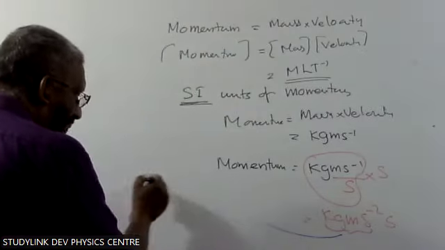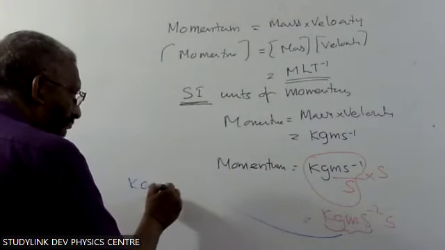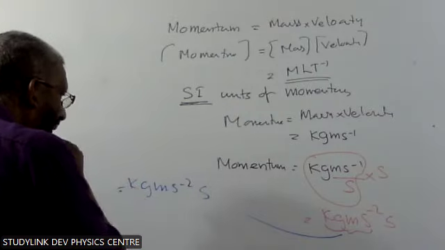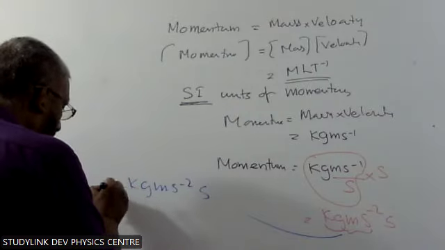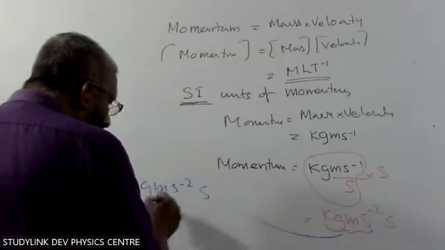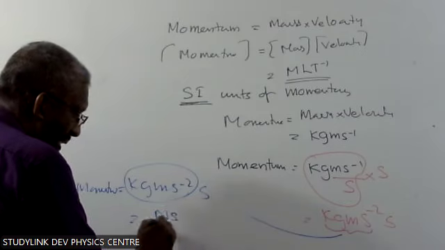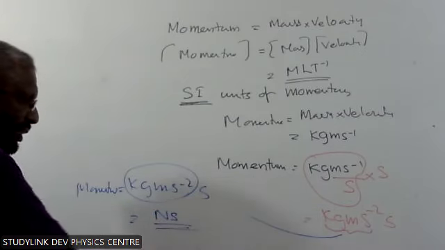So here kg m s minus 2 times s is momentum. This was taken as Newton, S. So another unit is Newton second.